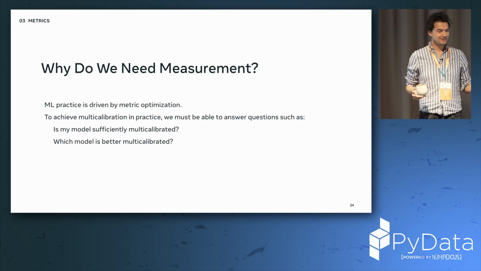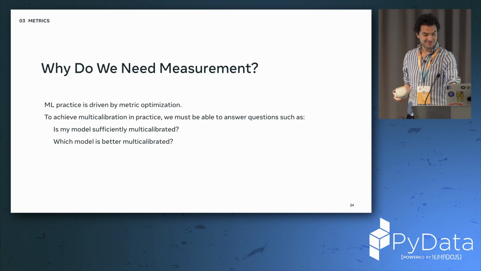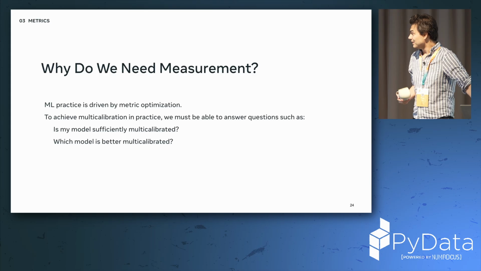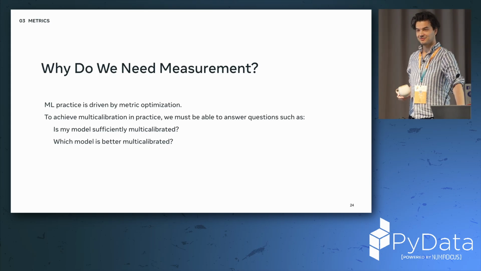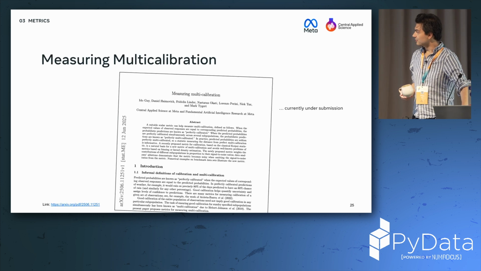Most ML practitioners' job is basically taking a metric to go after and trying all sorts of things to improve it. So in order to say whether we achieve multi-calibration, and to optimize it, we first need a metric to say whether we achieved it and to start improving it.